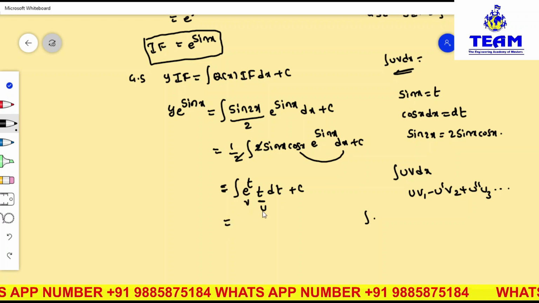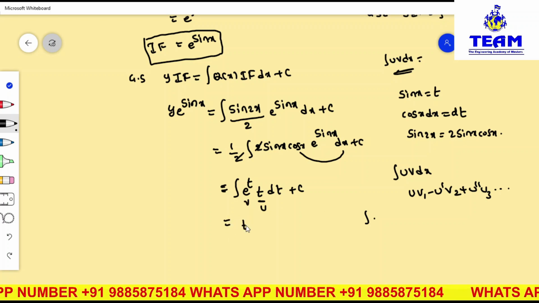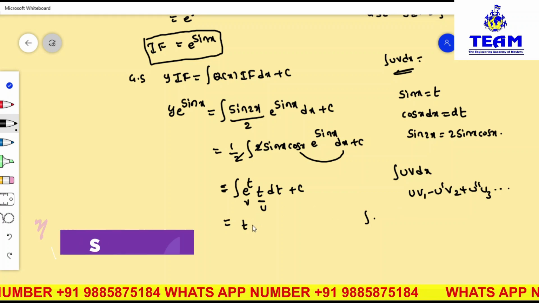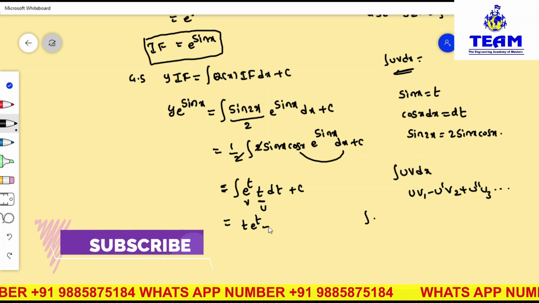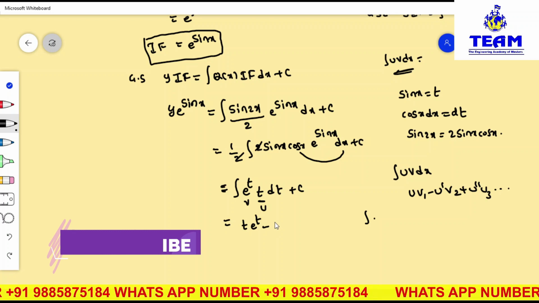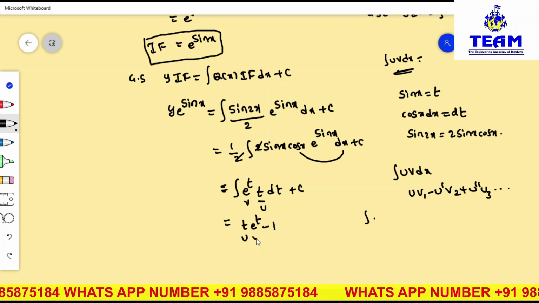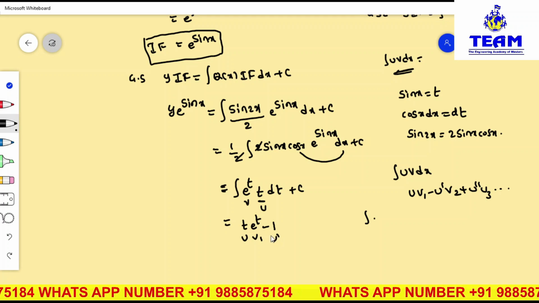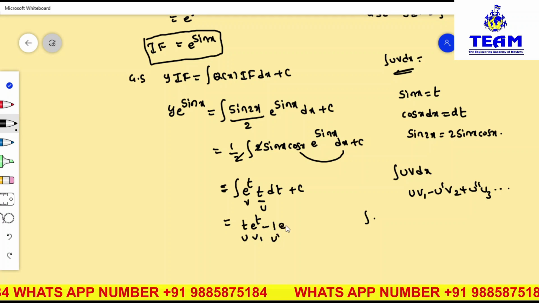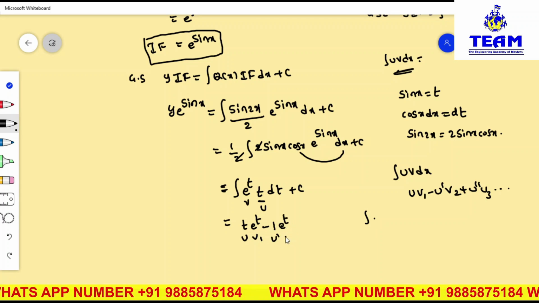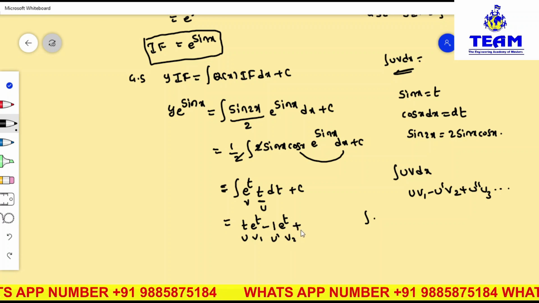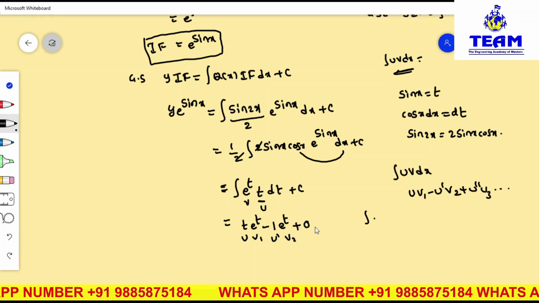Now u into v1 means t into e power t, the integration of e power t being again e power t, minus u dash, the derivative of t, which is 1, into v2. V2 is the integral of e power t, again e power t, plus u double dash, which is 0, so no need to write.